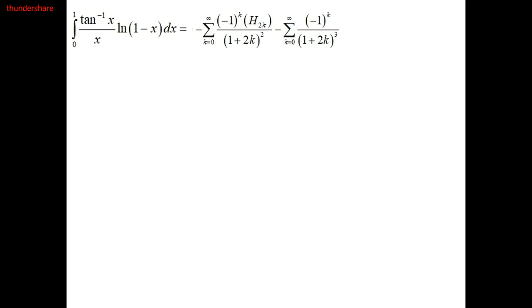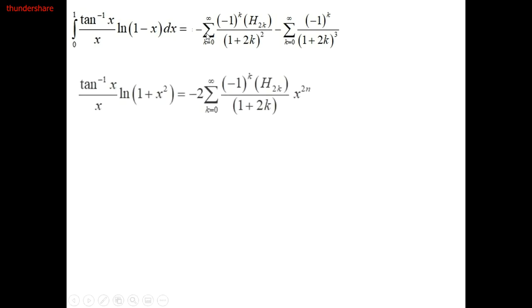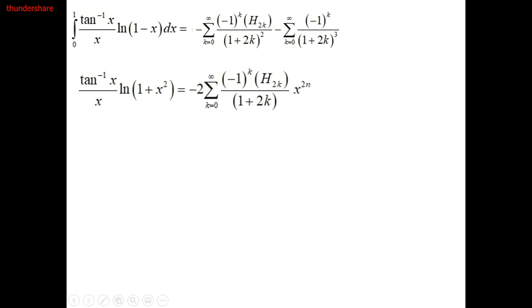So our main issue is to get rid of the first sum. We will go to the first integral, but we will use a very famous formula: tan^-1(x)/x times ln(1+x^2) is the same as negative 2 sum k equals 0 to infinity of (-1)^k H_(2k) divided by 1+2k times x^(2k).